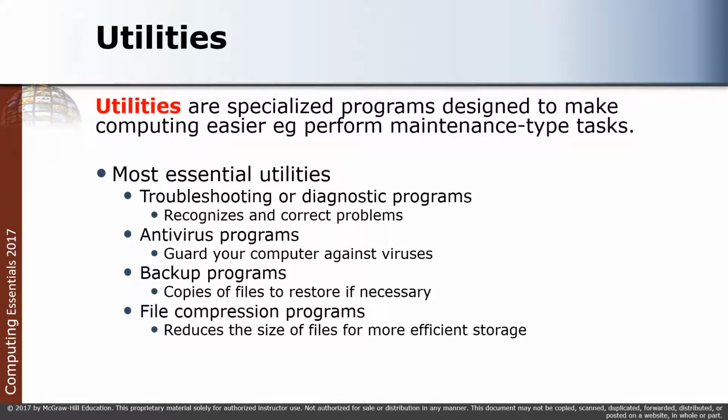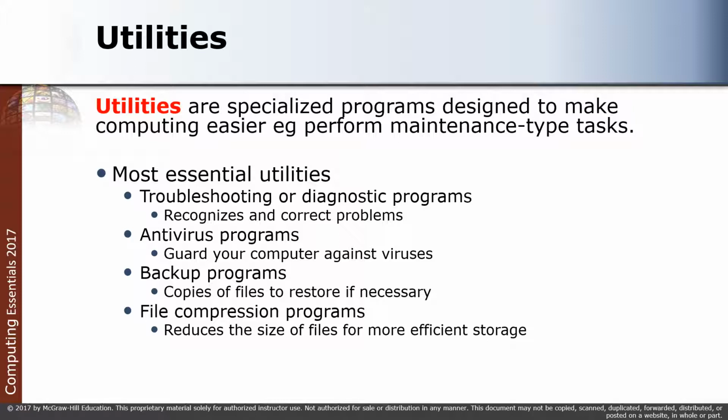Now we go to the second one, which is utilities program. Utilities, as we can see here, are specialized programs designed to make computing easier, for example to perform maintenance type tasks. A utilities program is used to manage our computer.